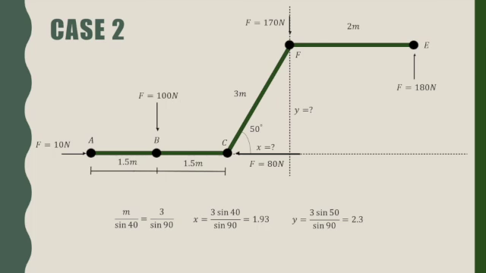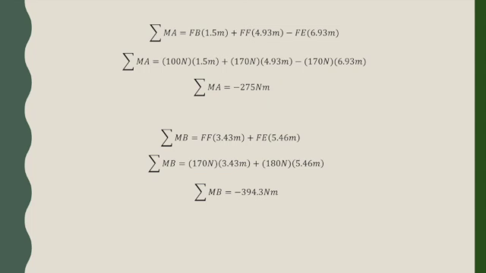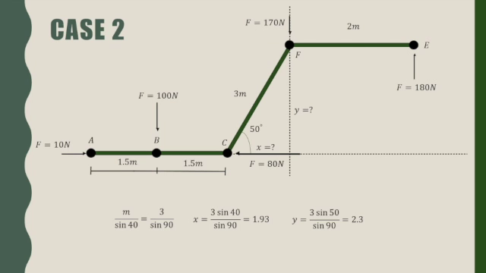Then we need to calculate the moment of A. The moment of A includes the force at B, that is 100 newtons, and we use the distance between them, that is 1.5 meters.